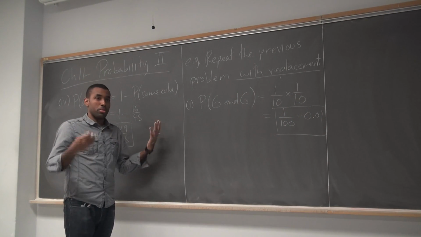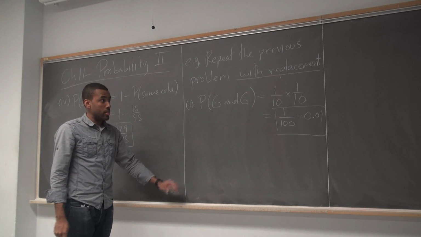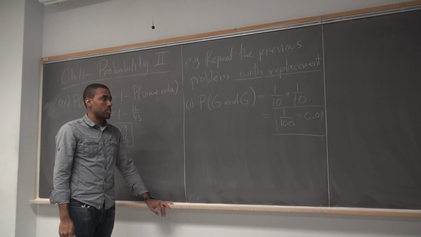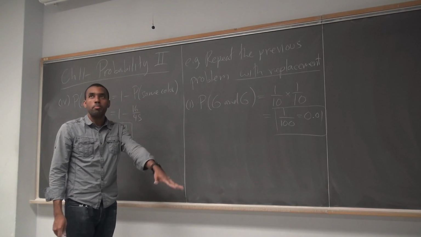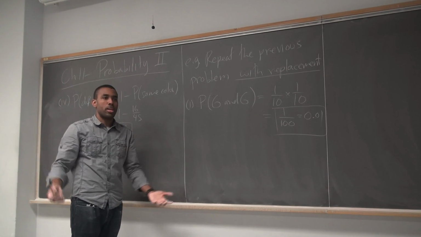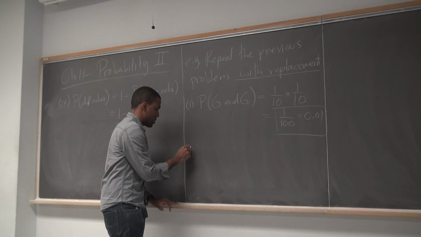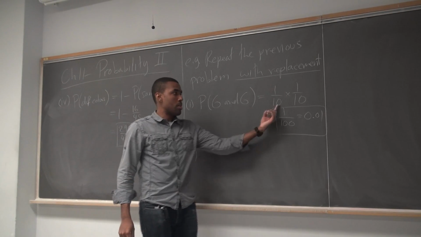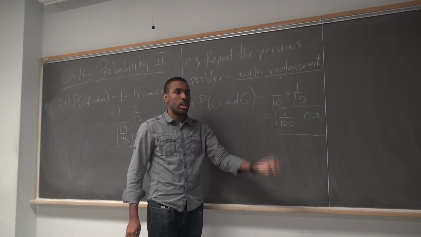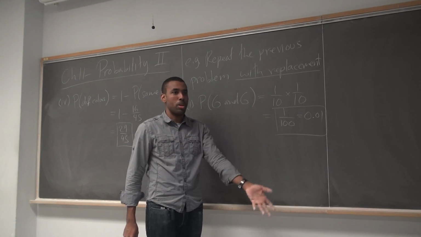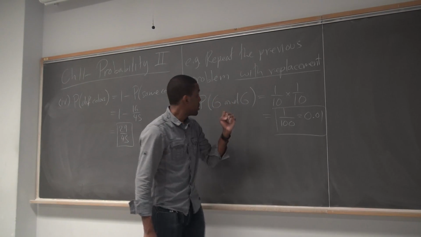So now it's actually possible to get 2 greens if I'm replacing it. Before it wasn't. Because I pick a ball, and then I put it back, and then I close my eyes and I pick another one. So the denominator is not going to change. It's always going to be choosing out of 10, because every time you make a choice, you put the ball back, you mix them around, and you pick another one.